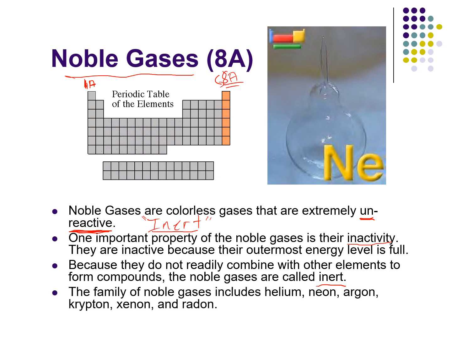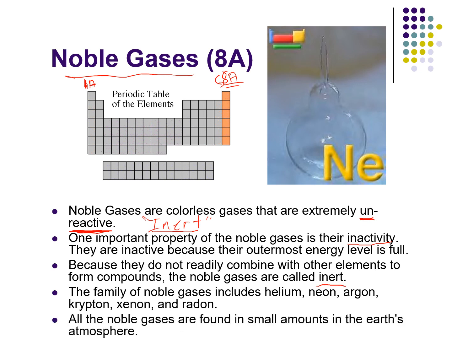Ayan. So, the family of noble gases includes helium, neon, argon, krypton, xenon, and radon. All the noble gases are found in small amounts in the Earth's atmosphere. Okay, so those are the information about the noble gases.